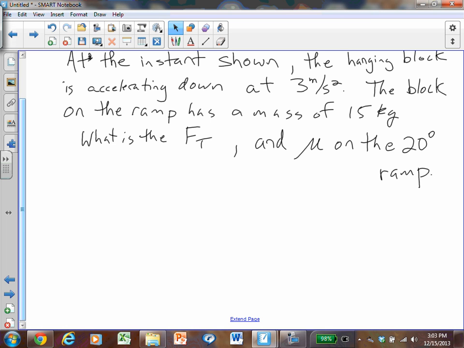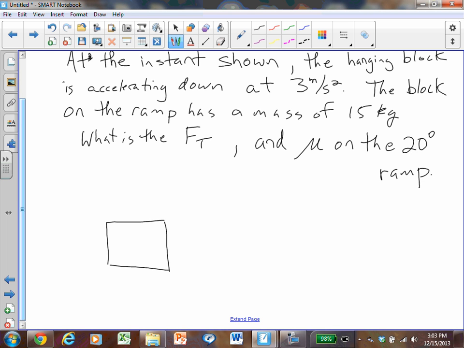So in this case, we have one sitting there like so, a block on a ramp connected around a pulley to another block below. And the hanging block has a mass of 10 kilograms.